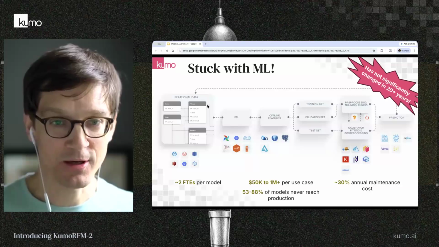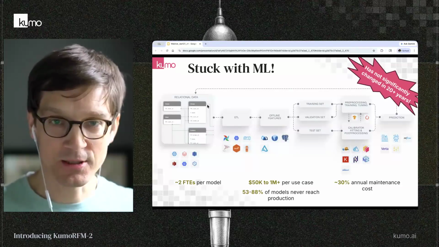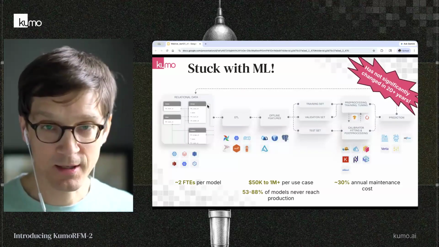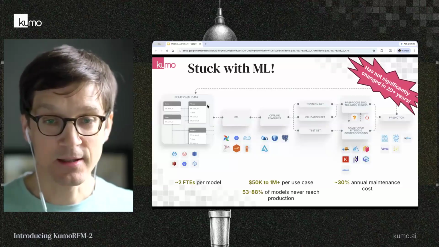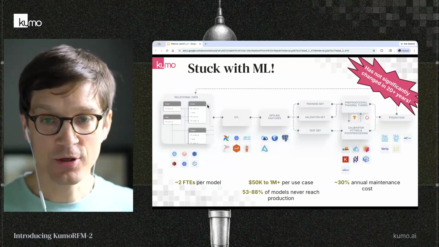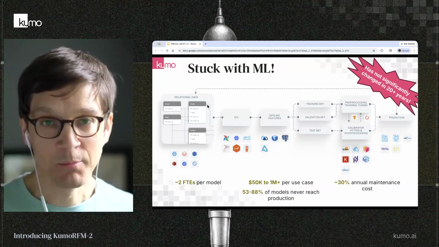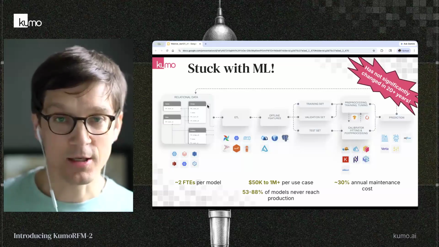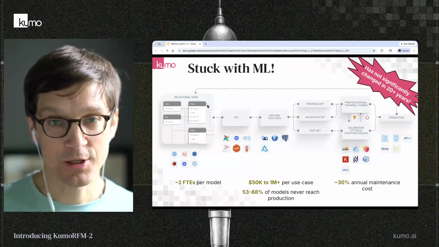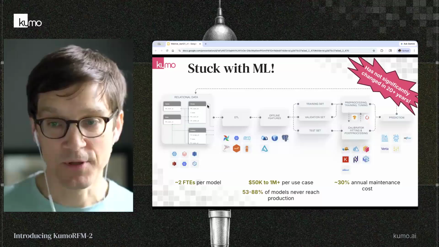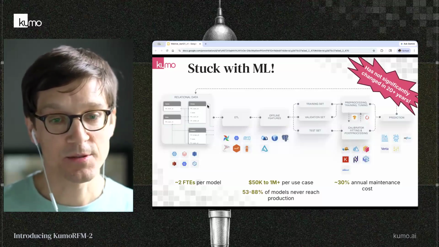Data scientists and machine learning engineers take this richly structured relational data, and then they do a bunch of ETL, feature engineering, training data set generation, validation, model training, model validation, putting models in production, building feature stores and feature pipelines to finally get these predictions.